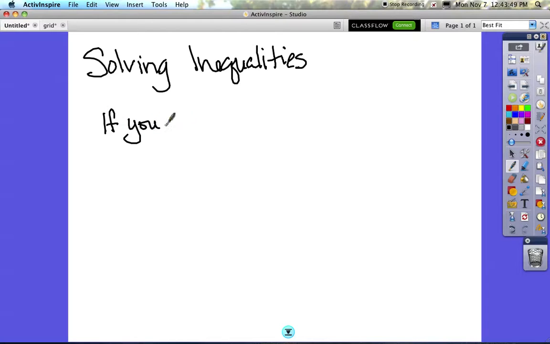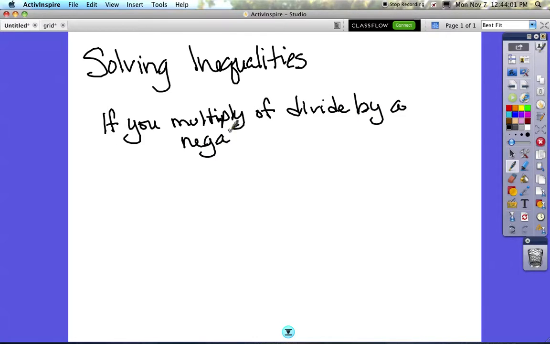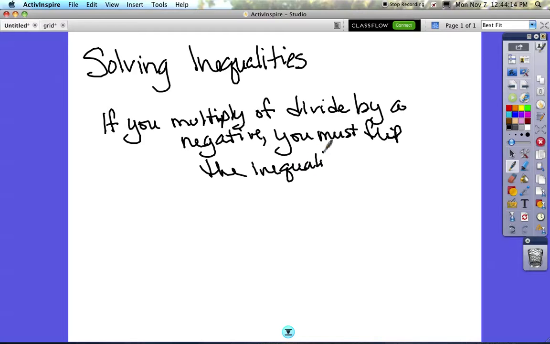If you multiply or divide by a negative, you must flip the inequality. If you multiply or divide by a negative, you must flip the inequality.